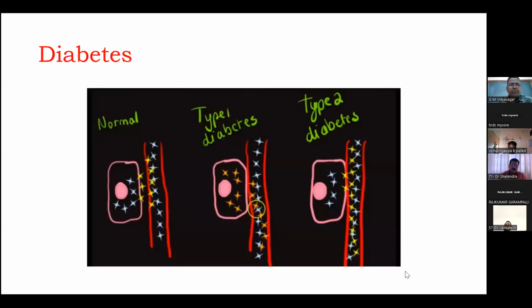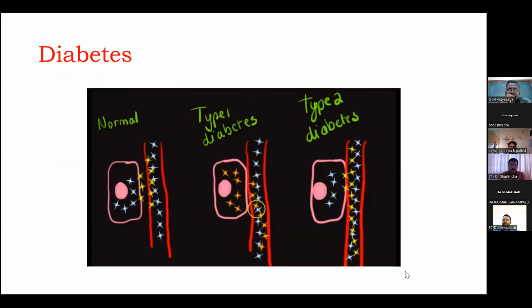So this is the very clear picture. In the normal case, we can see here the white dot stars are the glucose, and the yellow stars are the insulin. In the normal case, insulin binds with the glucose and takes the glucose into the cell.